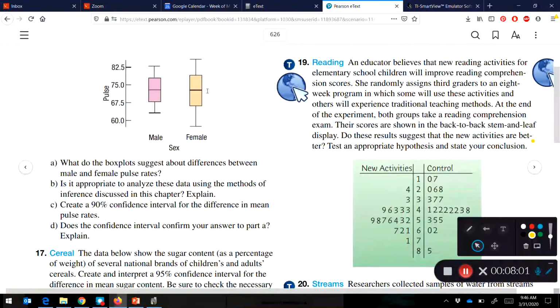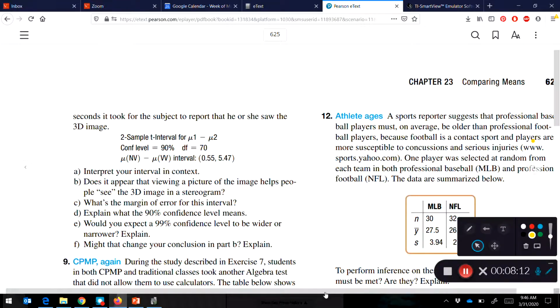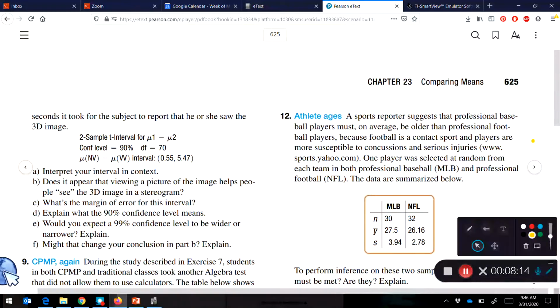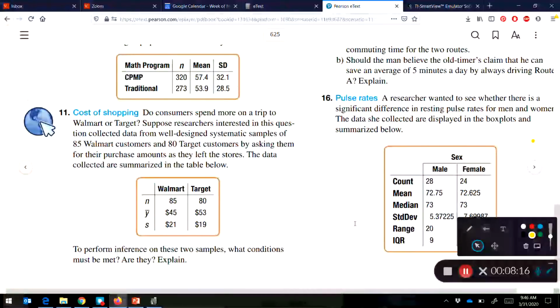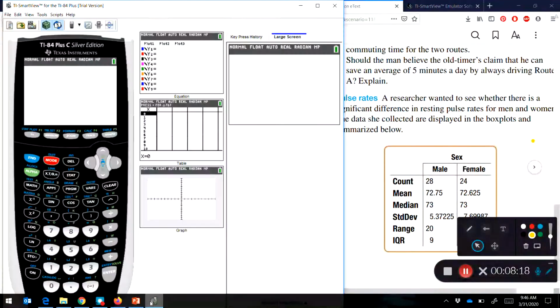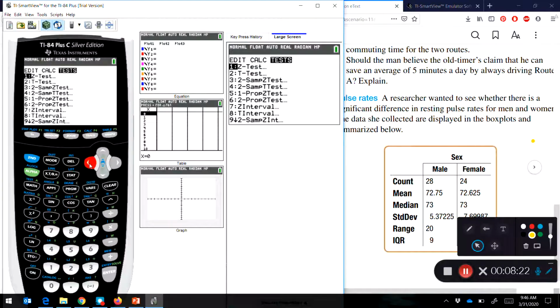All right, so now, in order to do this, I'm going to go back because we've got to create a 90% confidence interval here. I'm going to go back to those summary statistics so I can input it into my calculator. So I'm going to pull up the calculator and I'm going to hit the stat key and we're going to go over to the tests.